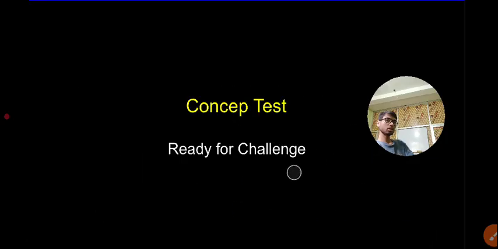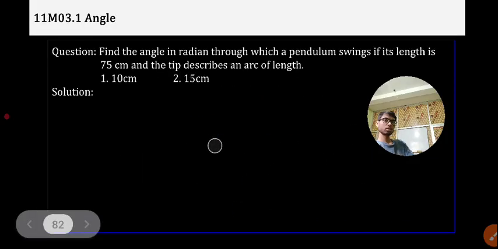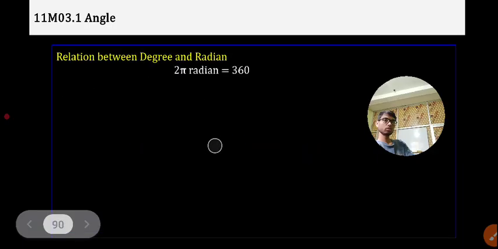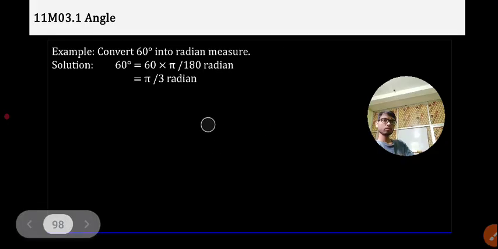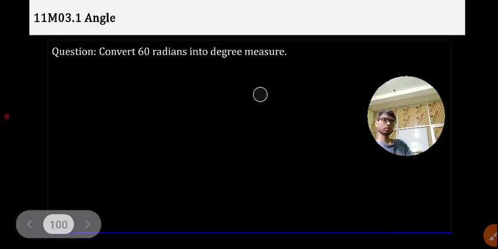Concept test. Ready for the challenge? We have this question for you. Convert degree into radian. Then we have this radian: pi upon 180 degree, then we will simplify it, 60 upon 180. Convert this radian into degree.